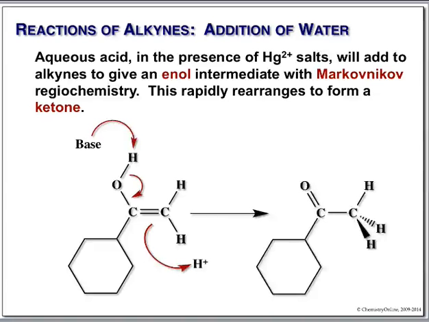In like chapter 18 or 19 or so, we will see that anytime you have a carbonyl with hydrogens adjacent to it, this is going to actually be an equilibrium between the enol and the carbonyl compound.